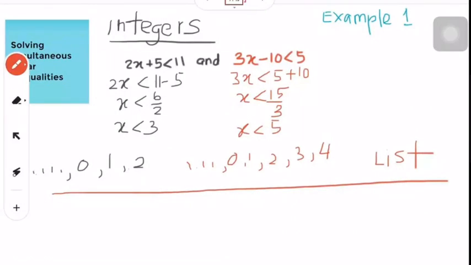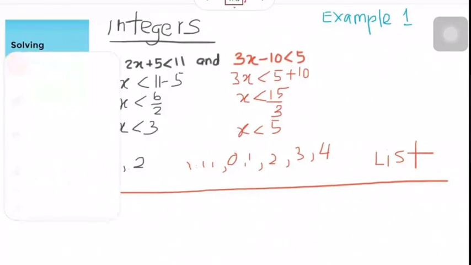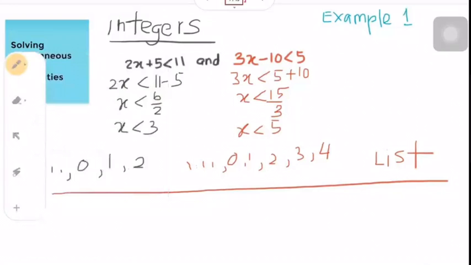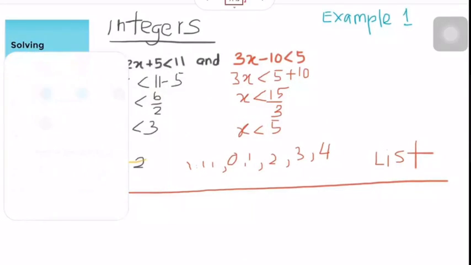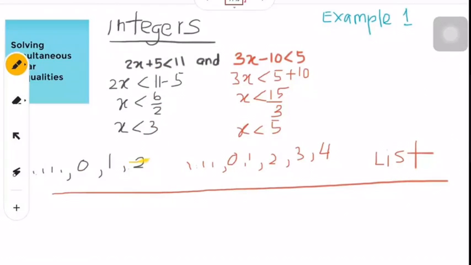From the two lists, which ones overlap? 2, 1, 0. So starting from 2 and below.